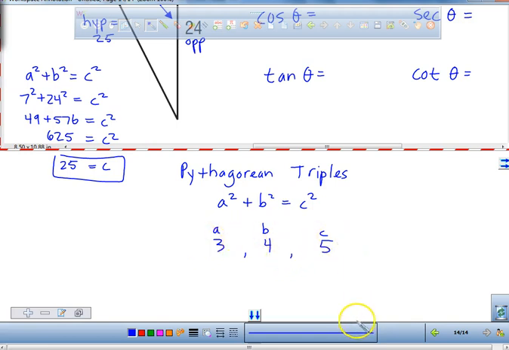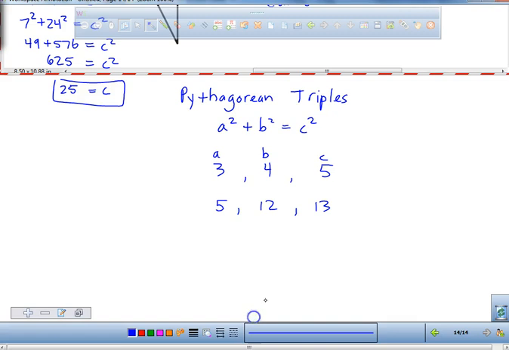The next most common Pythagorean triple is known as the 5, 12, 13. I see that all over the place in standardized tests. 5, 12, 13. So if I see a 13 and a 5, automatically, without doing any math, I know the other side has to be the 12. Okay? The next most common is the 7, 24, and 25. I simply work all this out because I care about you all.